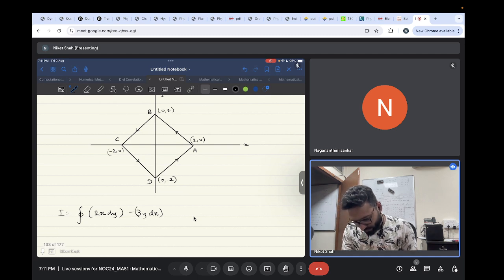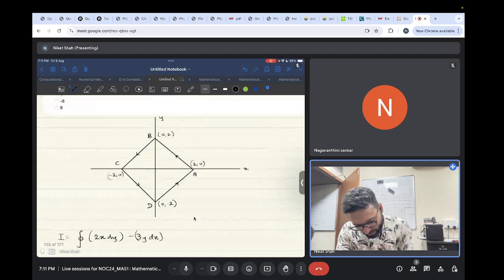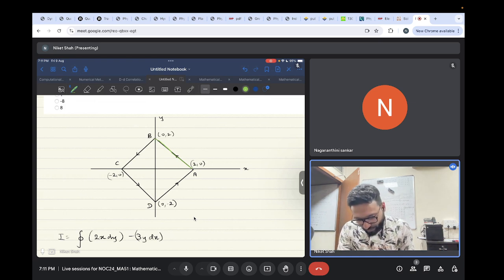Okay. So now for AB, basically I'm saying that I'm going along this path from A to B. If you can see, I marked this in green. I'm going from A to B right now.